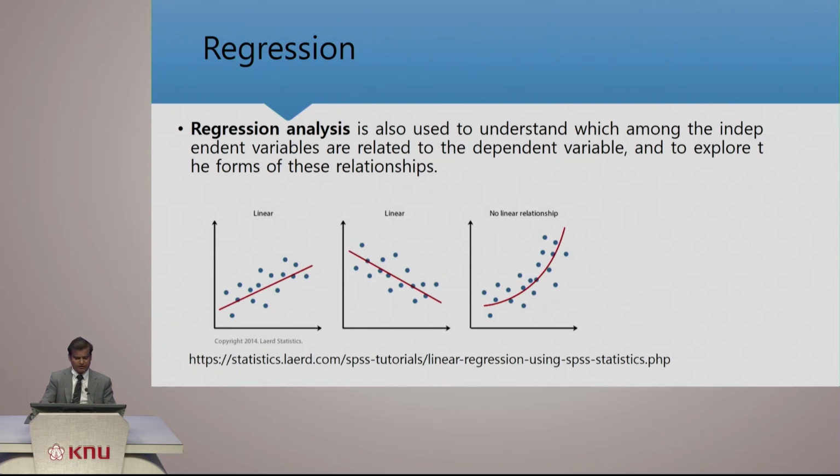As you can see here, the points we see are the data points, and they are linearly increasing. They have a positive correlation, you can say that. And again, here they are linearly decreasing. So these are basic linear regression methods.